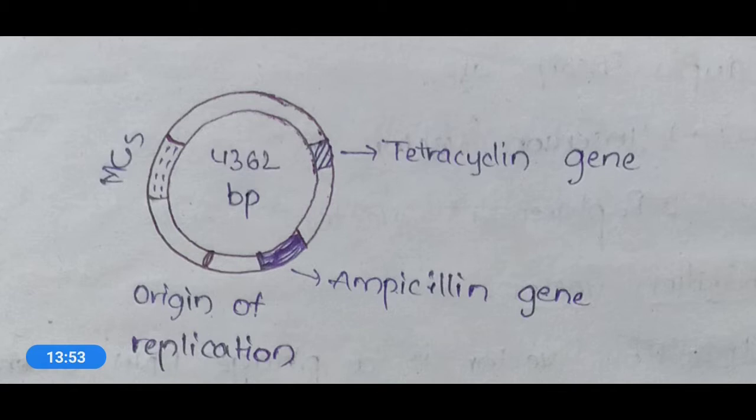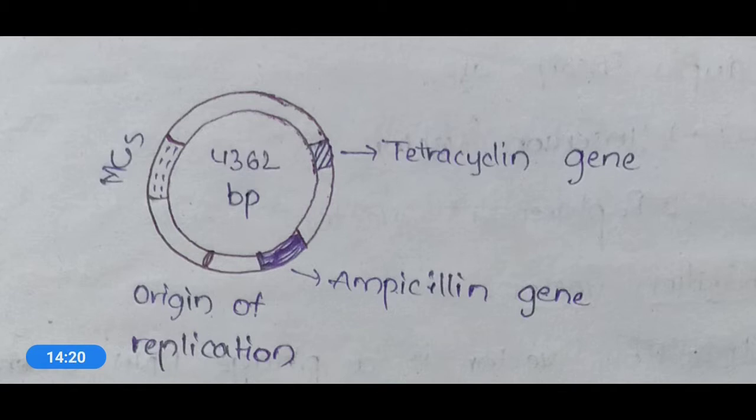Basically this pBR is developed from two plasmids, that is pSC101 and ColE1. pSC101 is an R plasmid.